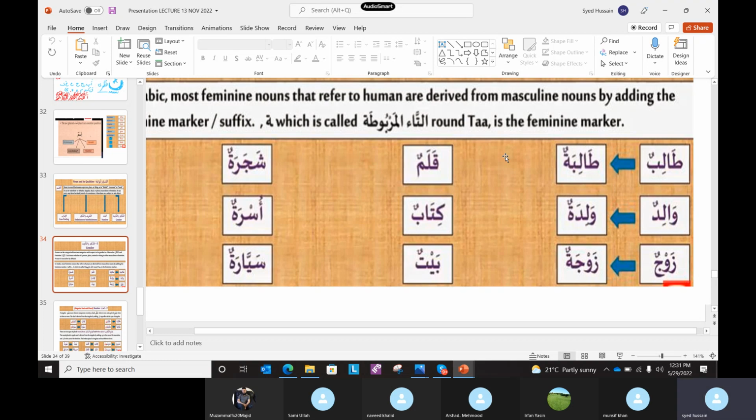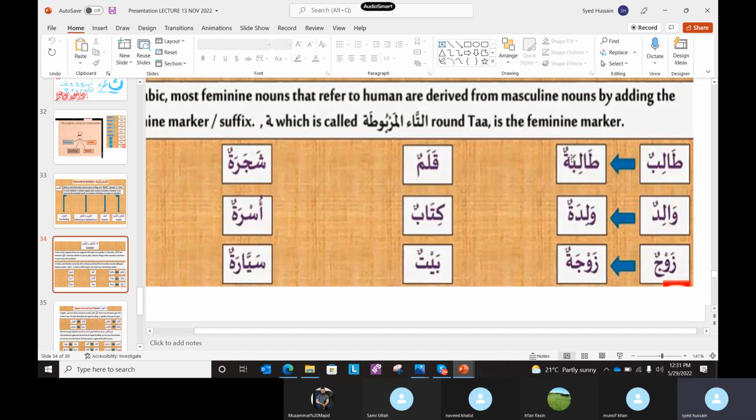Zawjun. Zawj is used in Quran normally for male, husband. And zawja or zawjatun is for wife. Okay. Why? What is making it from masculine to feminine is the ta marbuta.